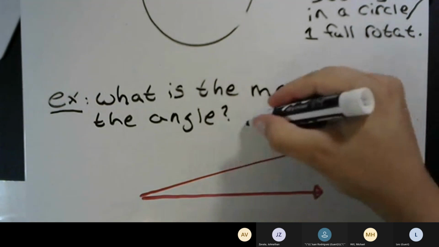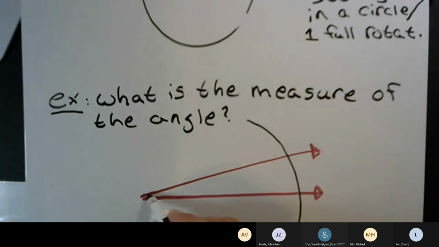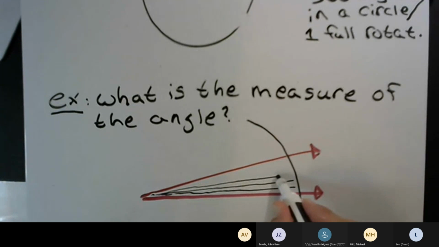And we've got our circle here, part of our circle. We've divided this up into little slices where each slice is a degree.